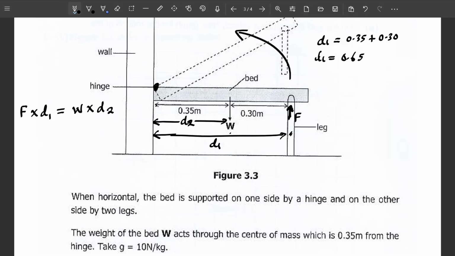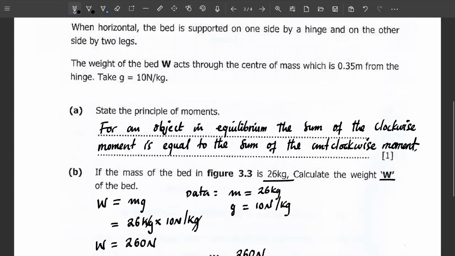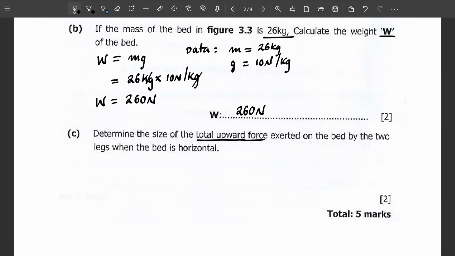So substitute: force times D1, 0.65, equals W times D2, which is just 0.35. So this is our formula, using the principle of moment. We said F, which they are looking for, times D1 is equal to W, which is another force, times D2.